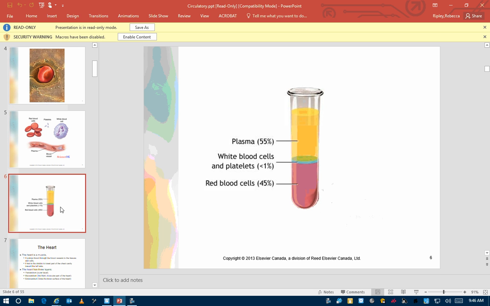Some have chemicals that prevent clotting, so they're mixing it with that medication. Some tubes don't have anything, so the blood can clot freely. You notice there are different color caps on all of them.